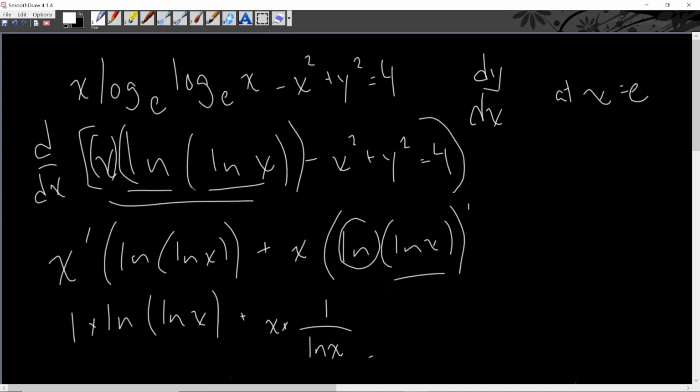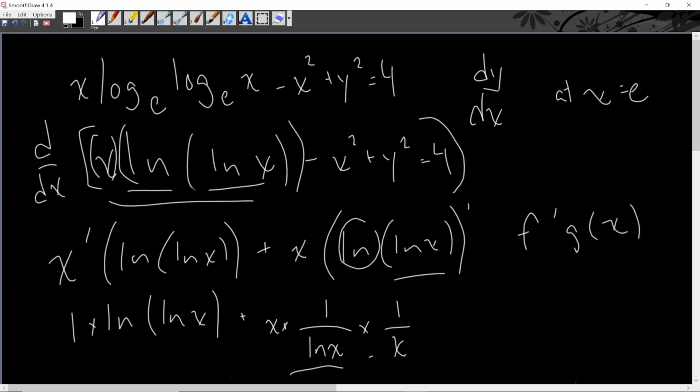Kind of think of it like that, because we're doing implicit differentiation, but we have the derivative of the outside, which is 1 over the inside, so 1 over ln x, plus the derivative of the inside, which again is going to be 1 over x. The reason that this is 1 over ln x is, again, f prime g of x.